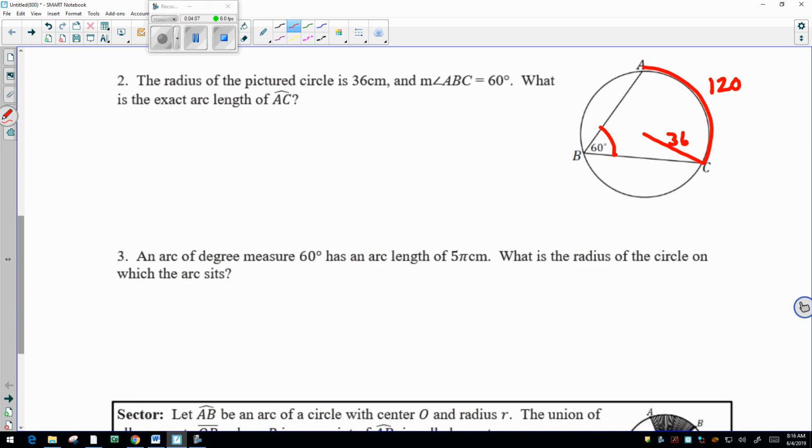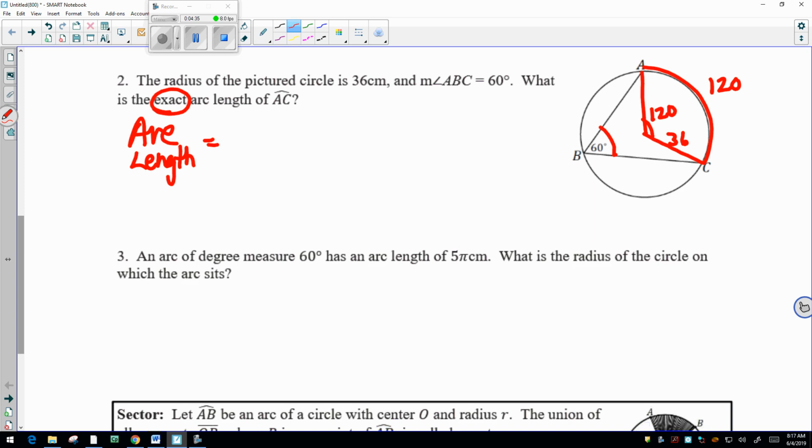We need to find the arc length. We just found the measure, which is 120. In order to find the arc length, I need to know the central angle. Knowing that arc is 120, I can tell you the central angle is 120. Now we're going to find our arc length. It says it wants it in exact, meaning I'm not going to press the pi button here.